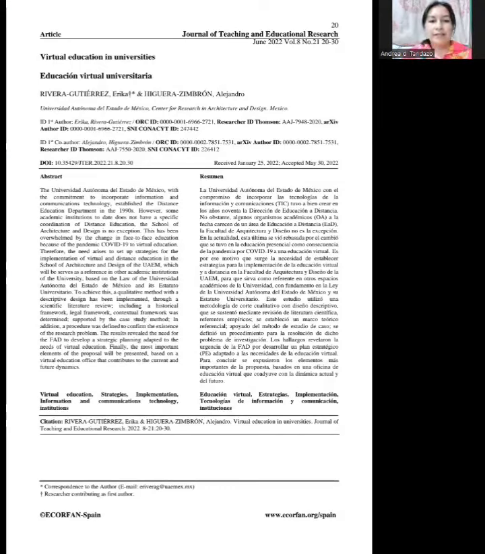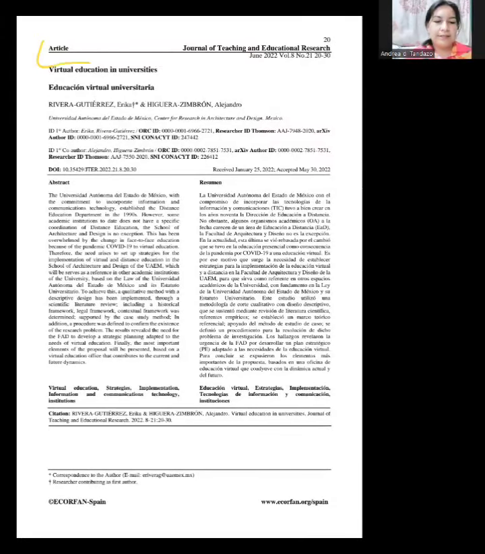Okay, let's start. As a preliminary section, in this article is the header. The header shows us the information. In this part, we indicate the name of the article, and it shows the Journal of Teaching and Educational Research.